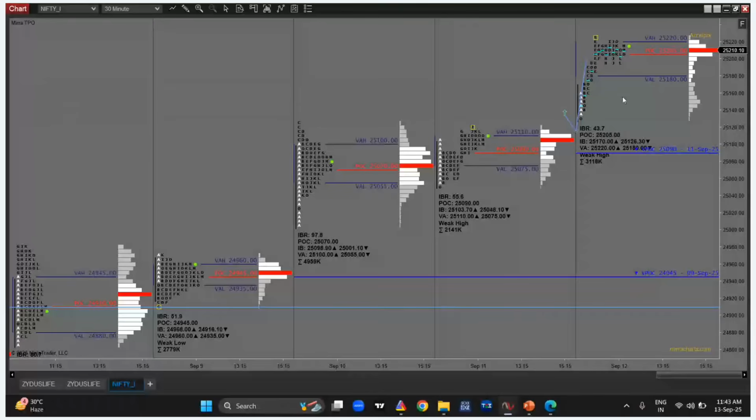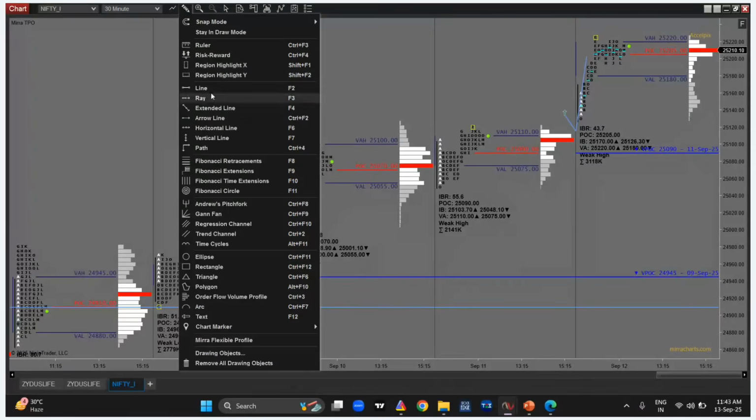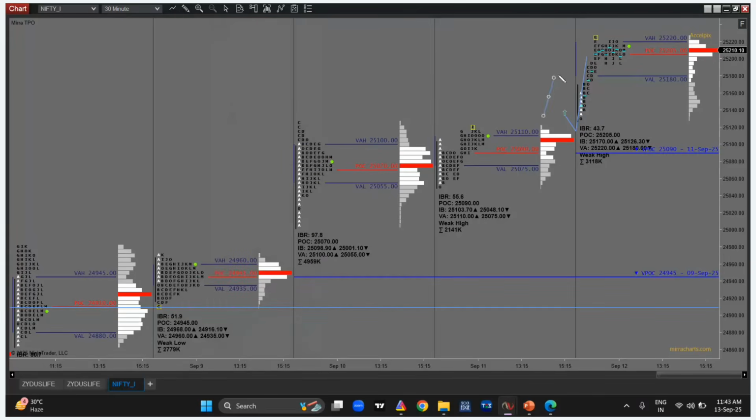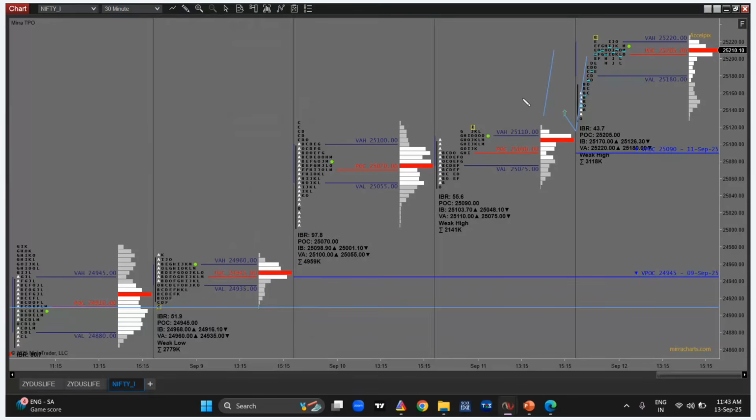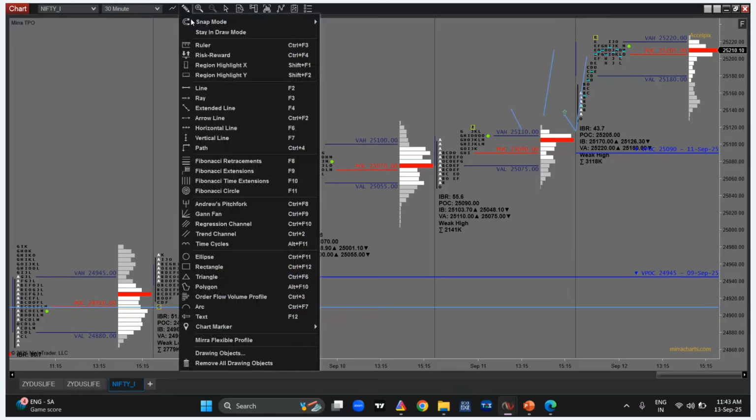So that is open test drive up. What is the difference between open drive and open test drive? In open drive, it just opens here and keeps scaling higher. In open test drive, it opens here, comes for a test, then drives out.